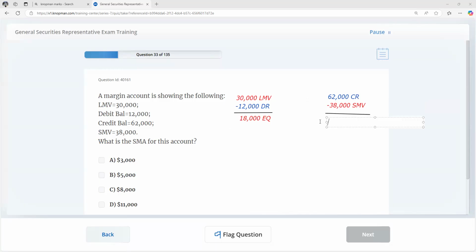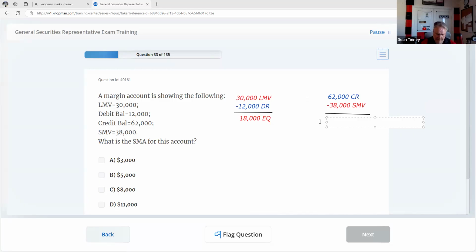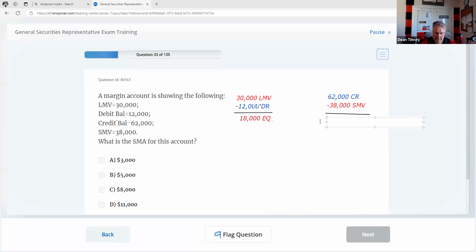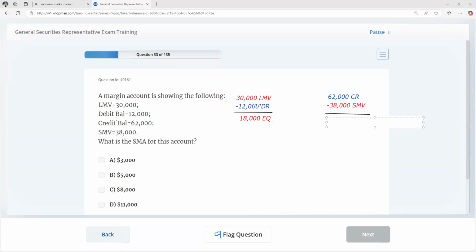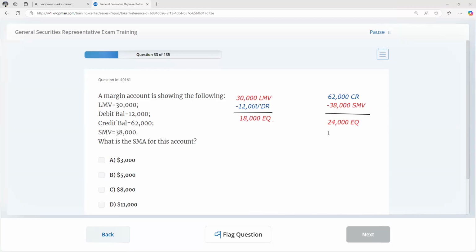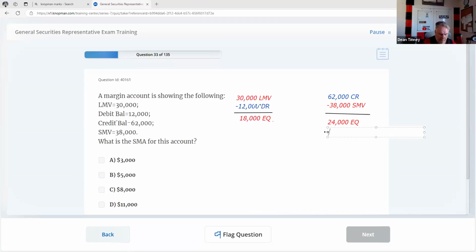All right, so I have 18,000 for equity on the long account, so we got 3,000 SMA over there. You're correct. And then for the short market value, I have 24,000. Right on. And then half of the market value is, are we talking about for the short account?